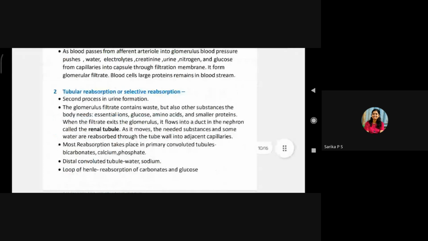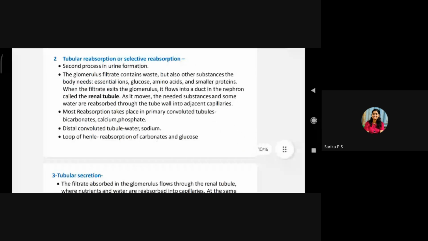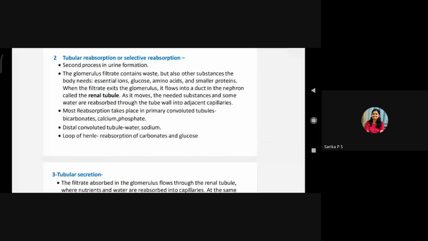Now, second phase: glomerulus filtrate contains waste, but also other substances the body needs. What I told yesterday, the glomerulus filtrate contains waste, but with waste, they also filter some body needs like essential ions, glucose, amino acids, and smaller proteins.